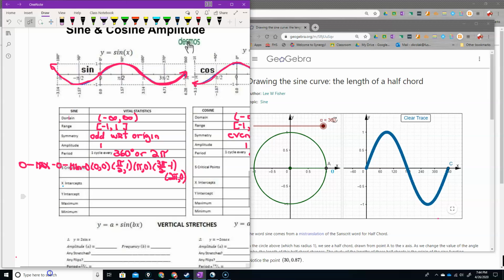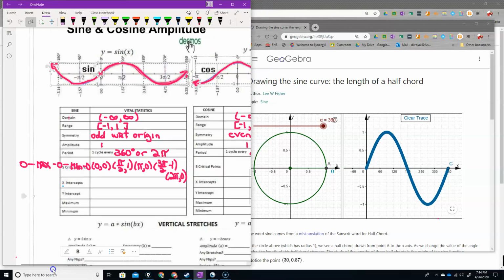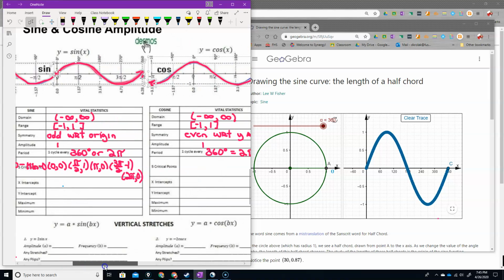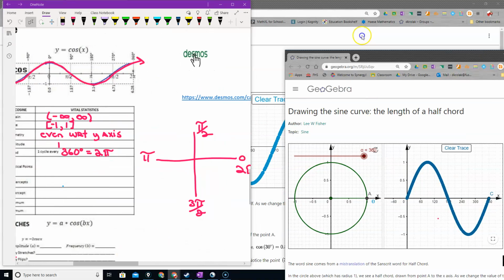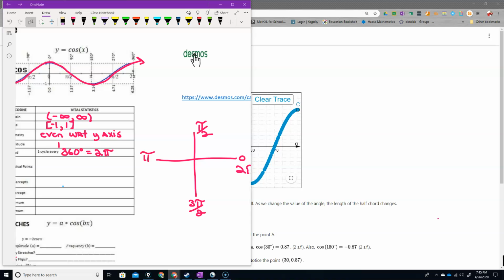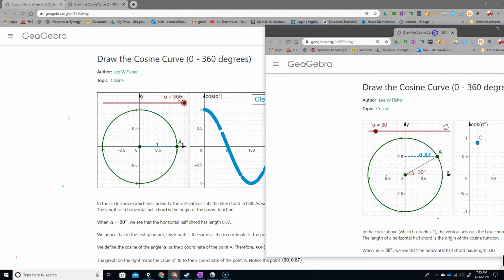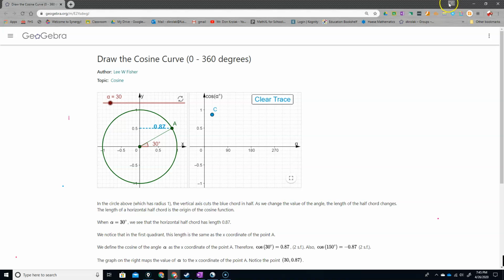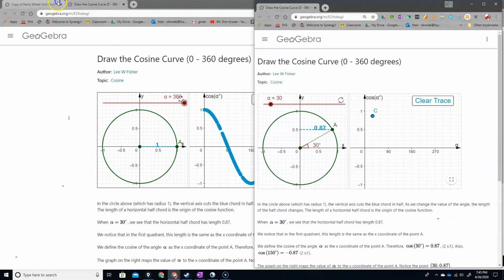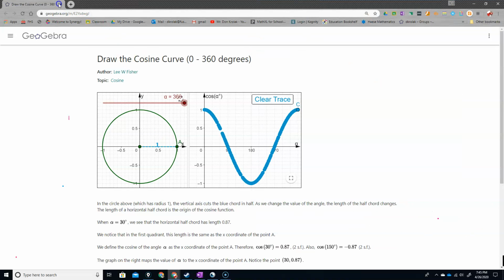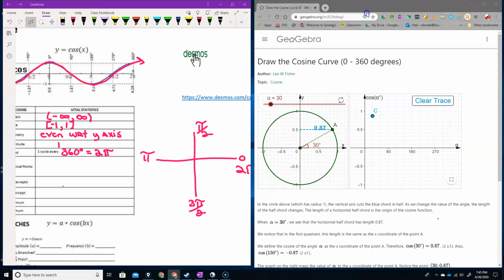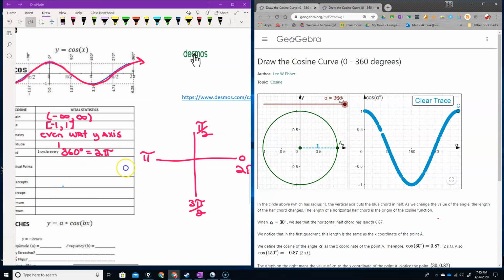Okay, now cosine is doing just the reverse of that. So if we take a look at the cosine, here's our cosine curve. It's got the same critical points, but at the beginning, it's at 1.